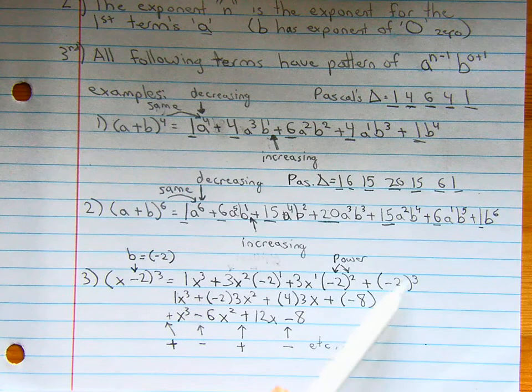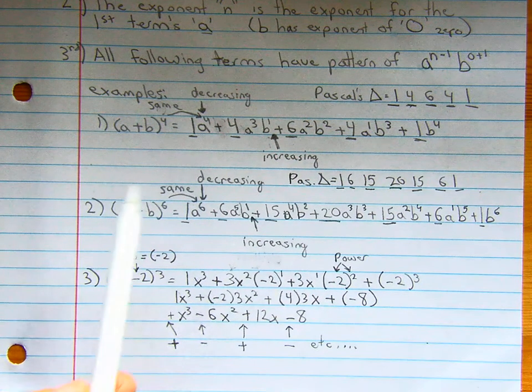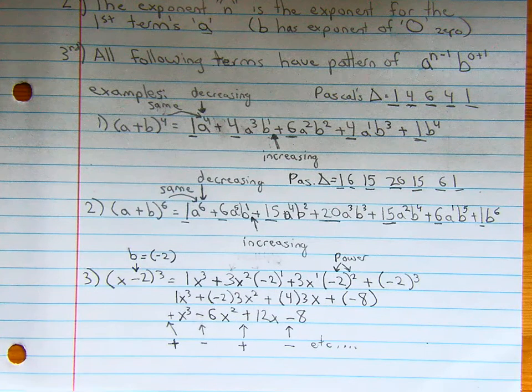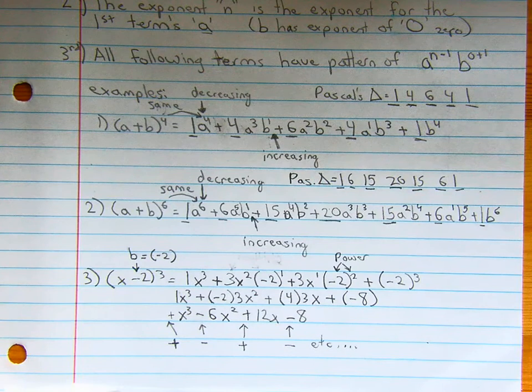And then raised to the 3rd power, negative, and done. So a trick with these, if b is ever a negative, is that your signs are always going to go positive, negative, and so on and so forth regarding how many terms you have. So there you go. That is expanding your binomials, and I hope this helped.